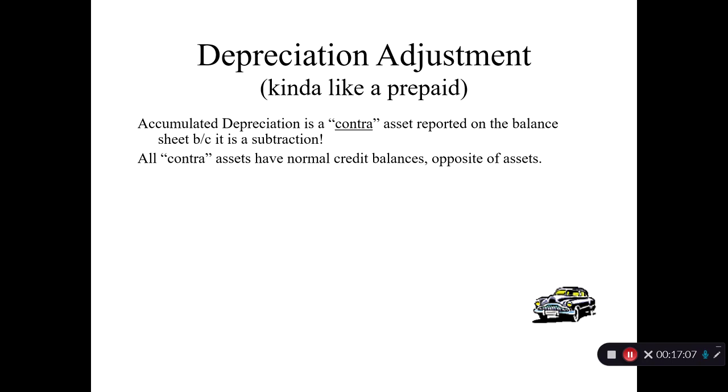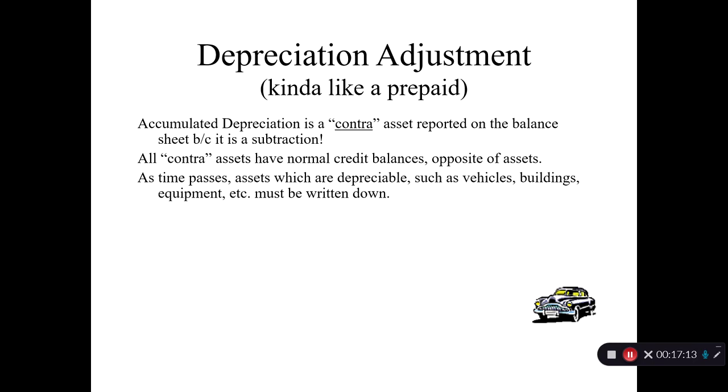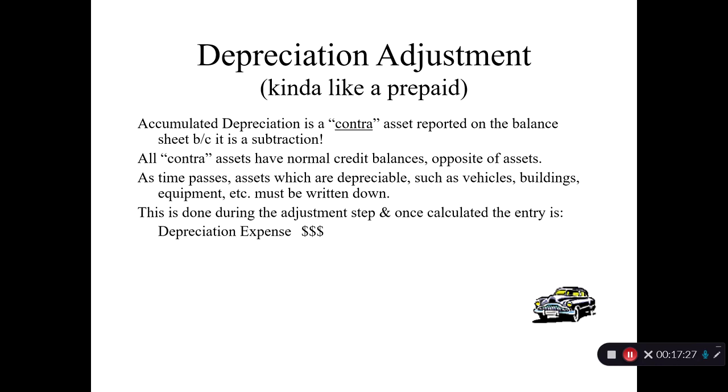All contra assets have normal credit balances, which would be opposite of assets. That's why it's a subtraction on the balance sheet. So as time passes, the assets that we have, which are depreciable, such as vehicles, buildings, and equipment, have to be written down. So we do this during the adjustment step, and once calculated, the entry looks like this. We would debit depreciation expense and credit, or increase, accumulated depreciation.